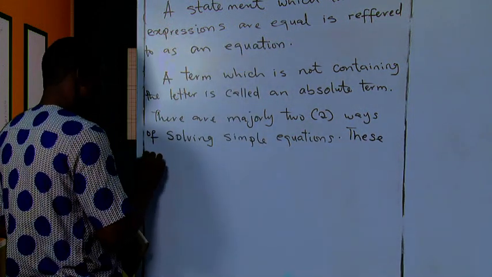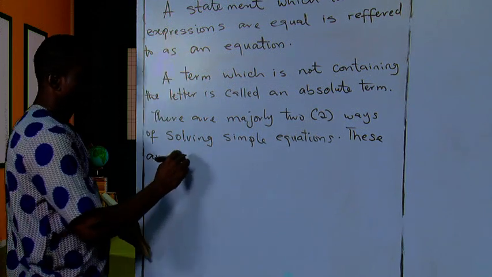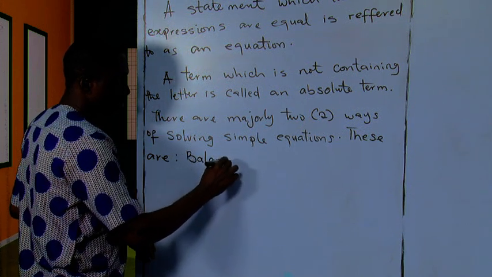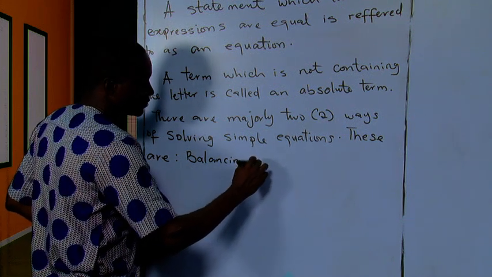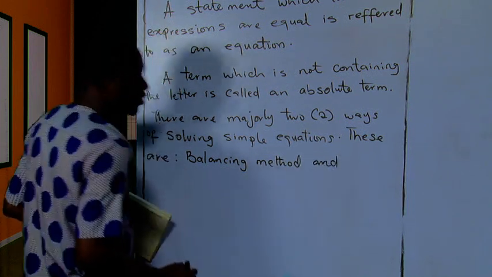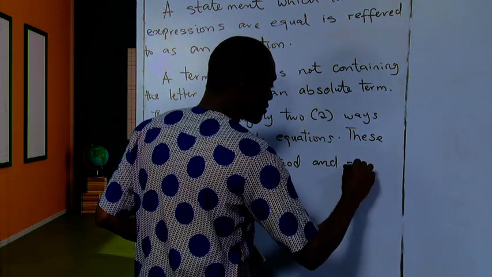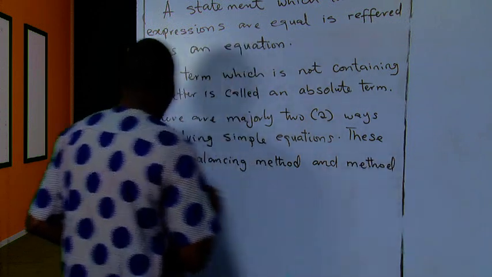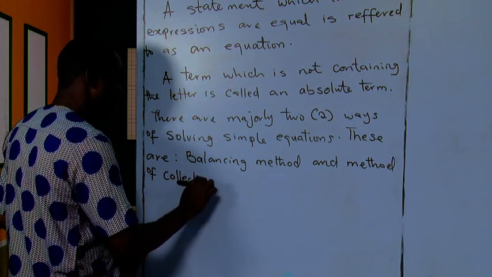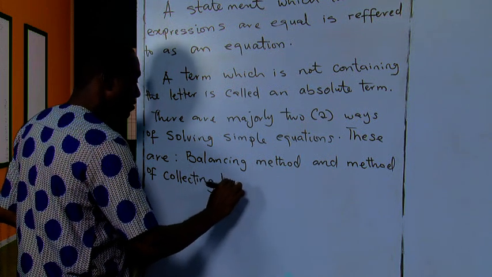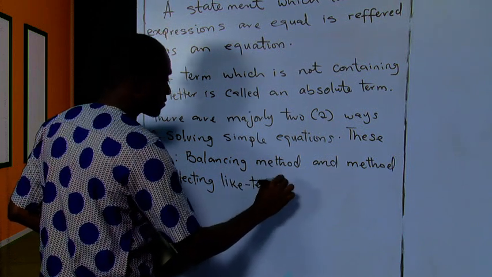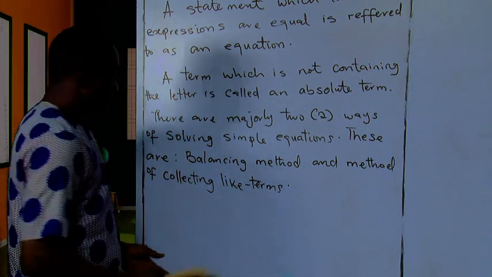These are the balancing method and the method of collecting like terms. That is that.